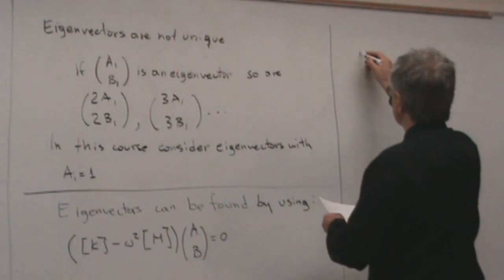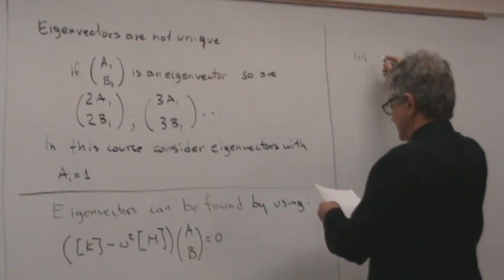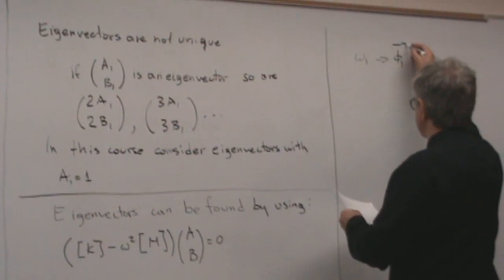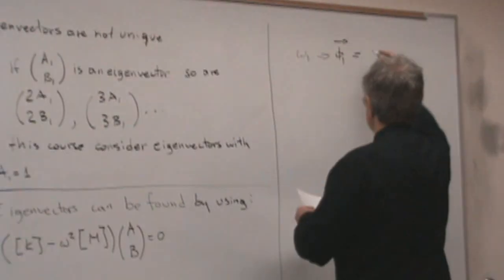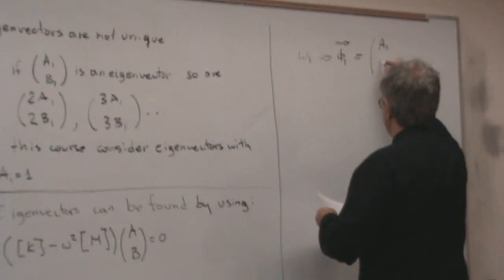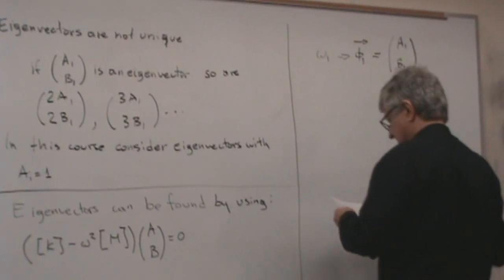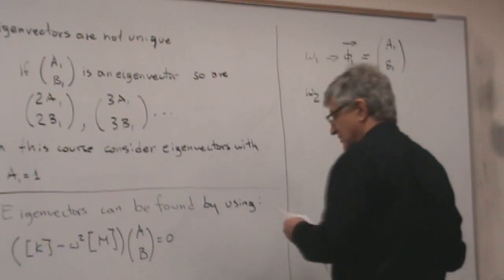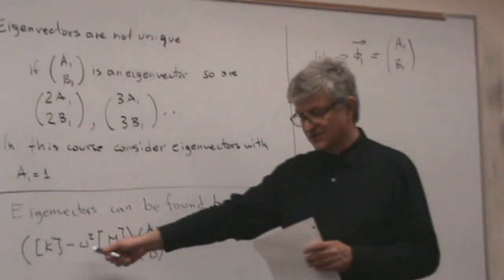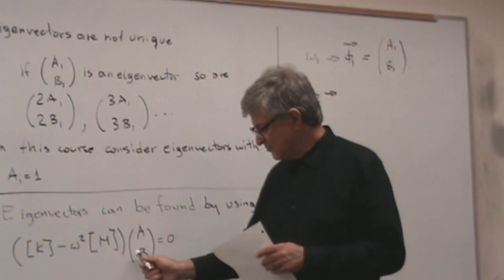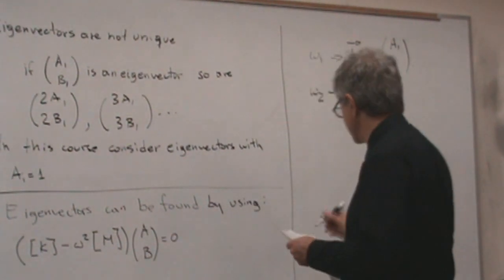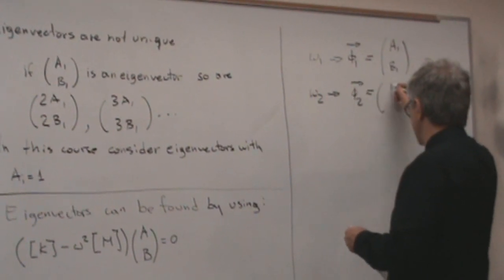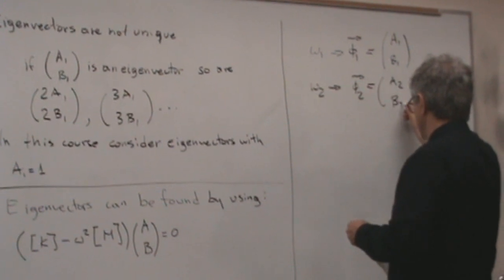So if you use omega 1, you get the first eigenvector, denoted by A1, B1. And for the second frequency, if you put in omega 2, you'll get the second eigenvector, which is A2, B2.